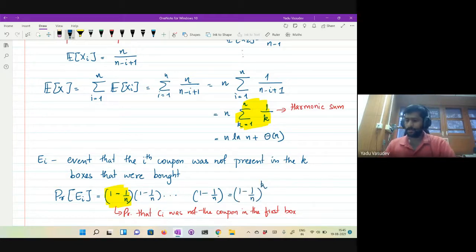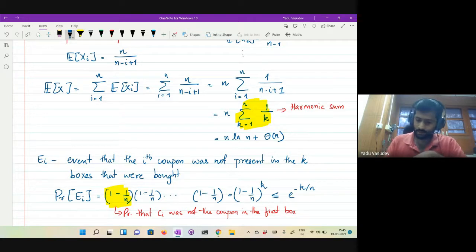Okay. And we will use our very nice approximation, right? So this is at most e to the minus k over n, right? You can recall the approximation, right?